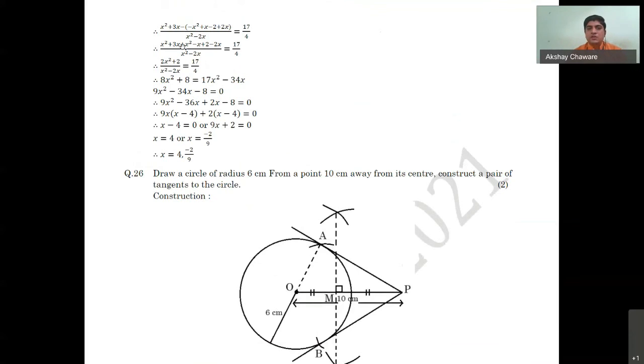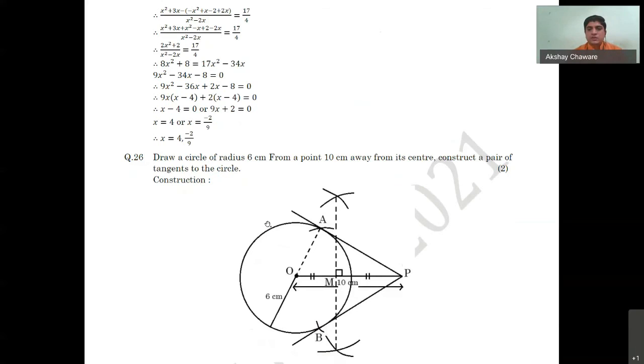And this is general algebra only. So 9x square minus 36x plus 2x minus 8 equal to 0. Why? Because 9 into 8 is 72, and the factors of 72 are 36 into 2, whose subtraction is 34. So if we simplify, we will get x equal to 4 and minus 2 by 9.